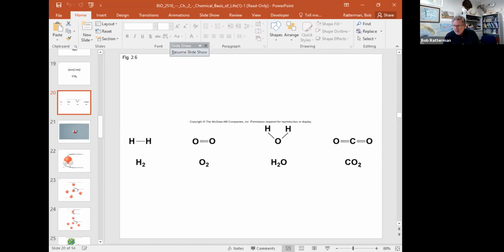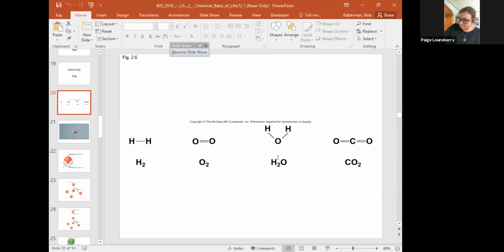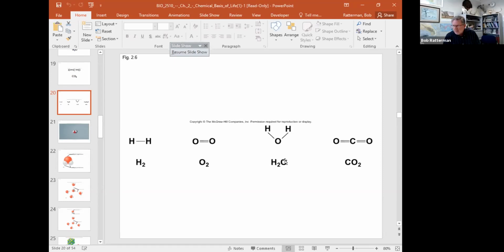For example, CO2: two oxygens and a carbon make up that molecule. In the case of water, two hydrogens and an oxygen make up that molecule. The chemical formula of glucose is C6H12O6. That tells me how many carbons, hydrogens, and oxygens are there.